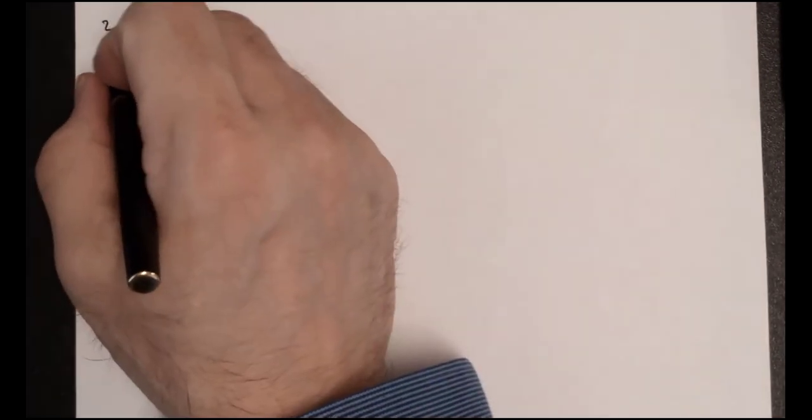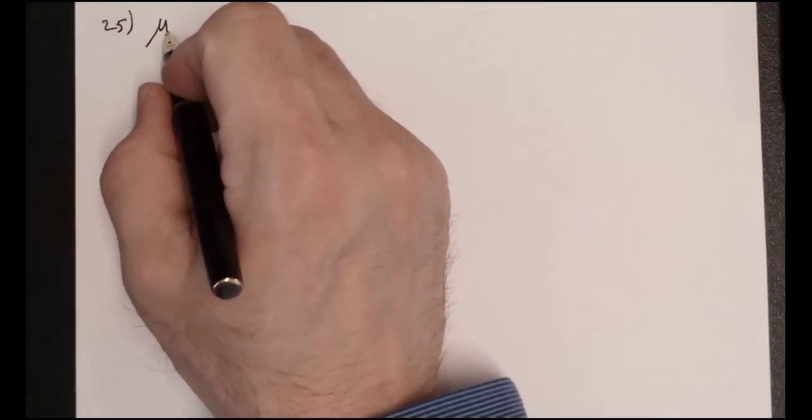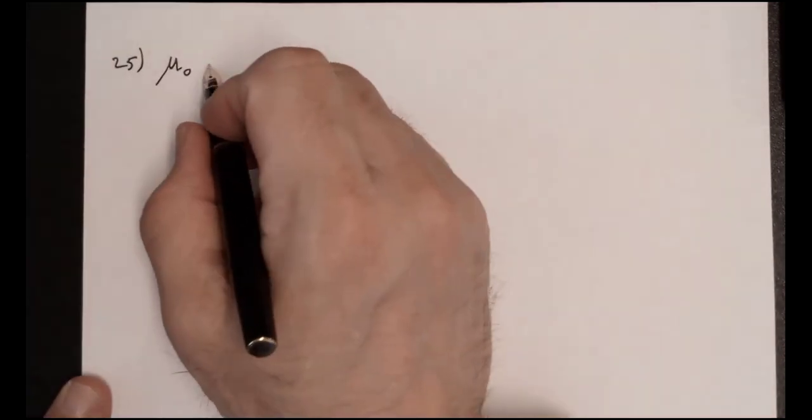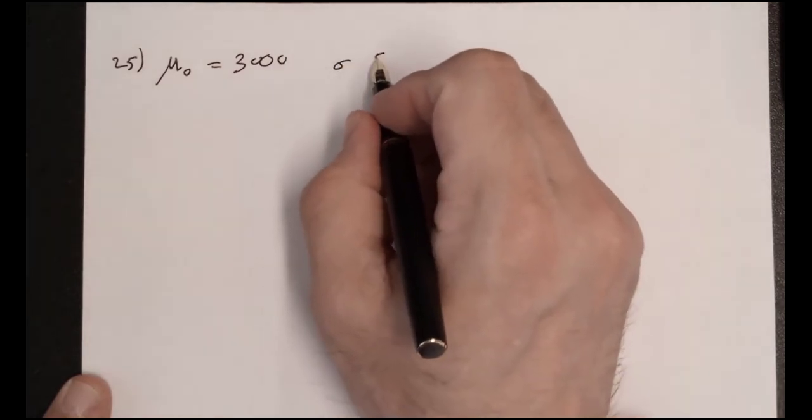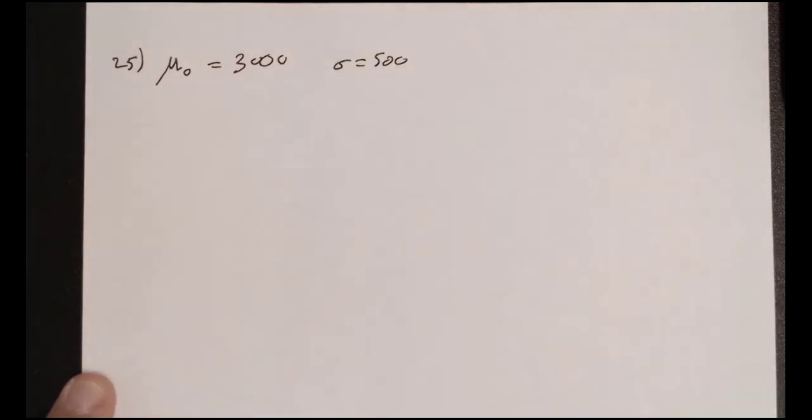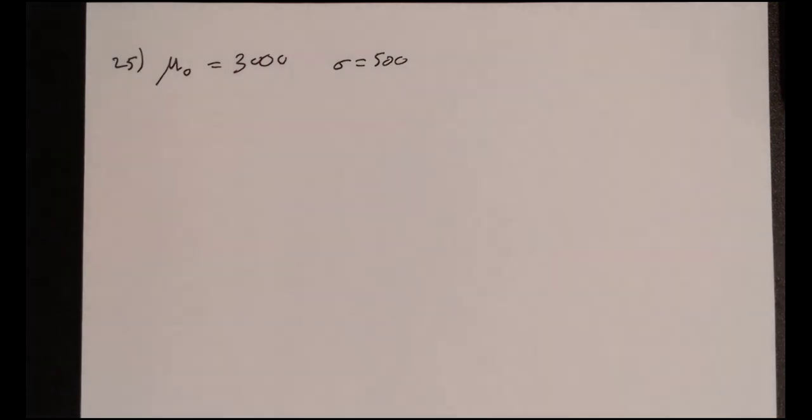So now I can ask this question. I was told that the standard light bulbs have a mean of 3,000 hours and a known standard deviation of 500. That's a population, not from our sample.